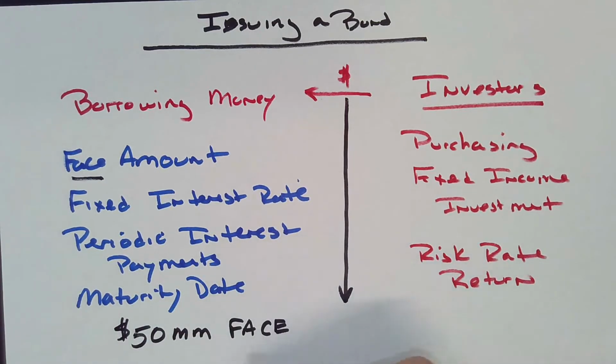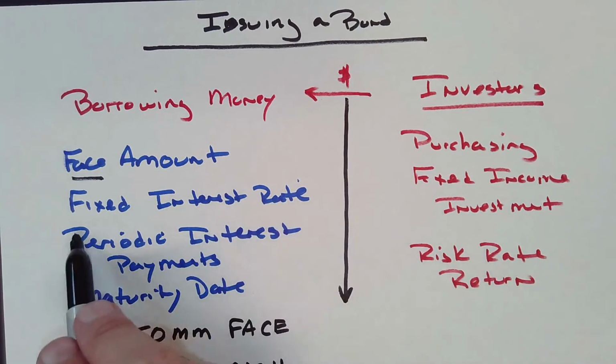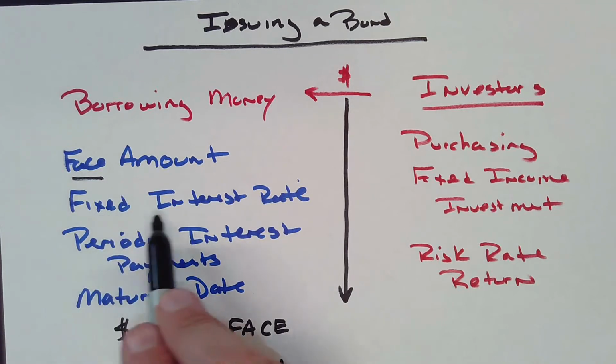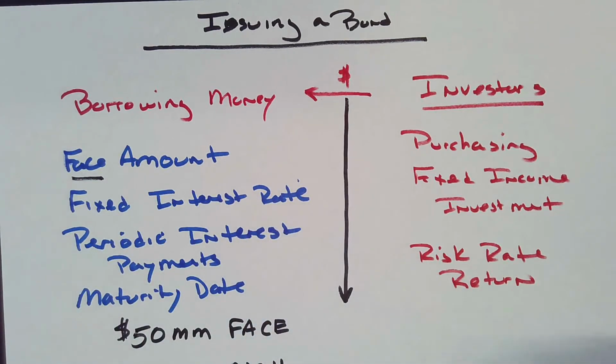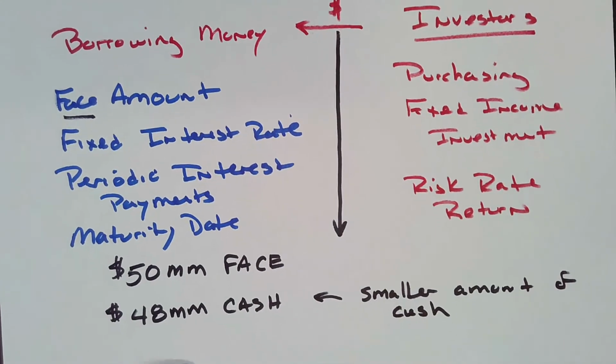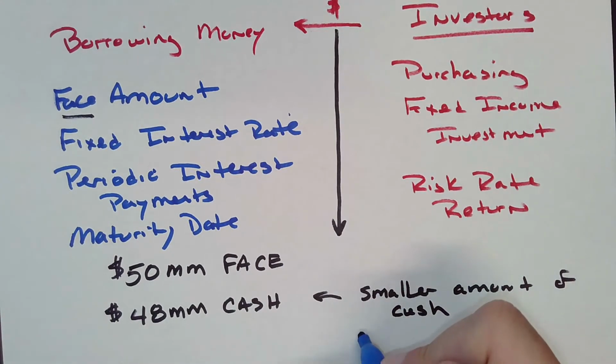That must mean that their risk rate of return is probably higher than the rate that they're going to be promised in this contract. So when we get a smaller amount of cash, that's considered a discount on the bond.